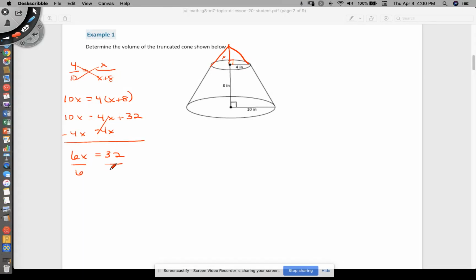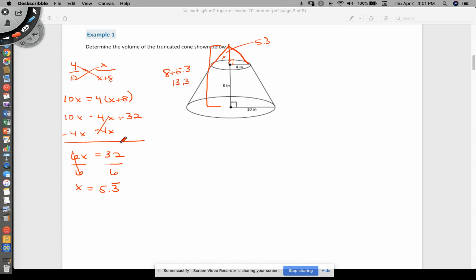I'm going to divide by 6 on both sides, and x winds up being 5.3 repeating. So this little part right here, we're just going to say is 5.3. Now the whole thing would be 8 plus 5.3, which would give me 13.3.